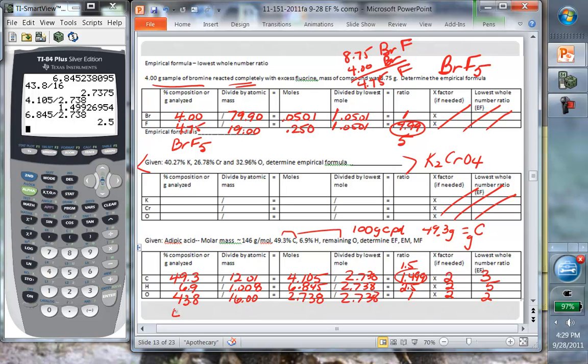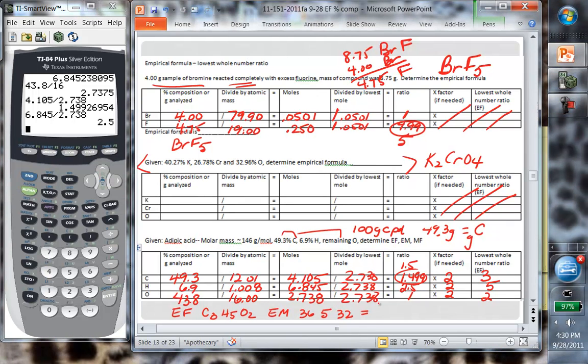So my empirical formula is C3H5O2. And to get my empirical mass, I'm going to have 36 grams of carbon, 5 grams of hydrogen, 32 of oxygen, which is going to give me a total of 73.